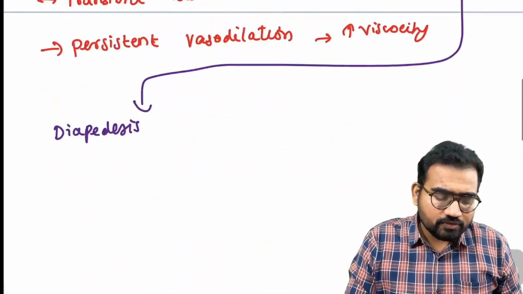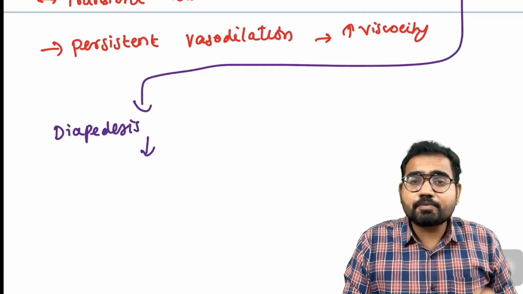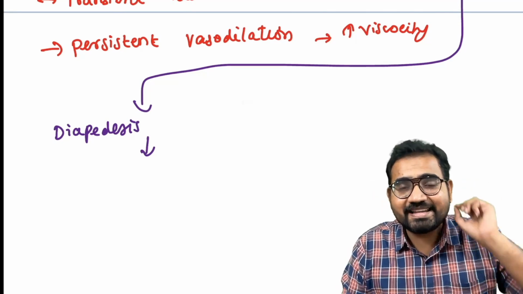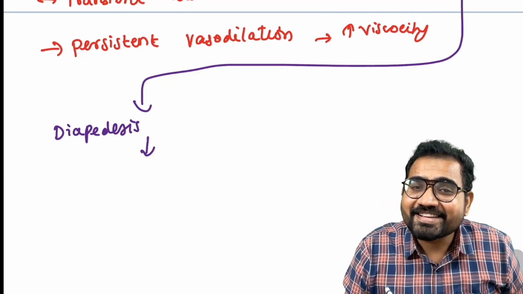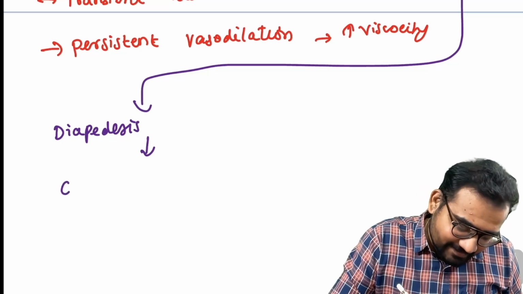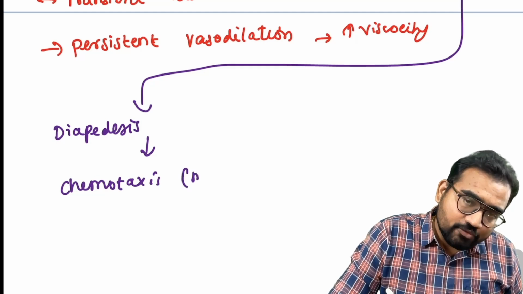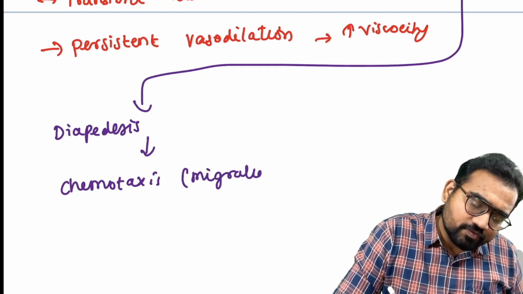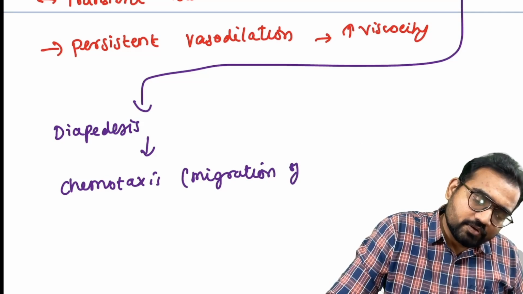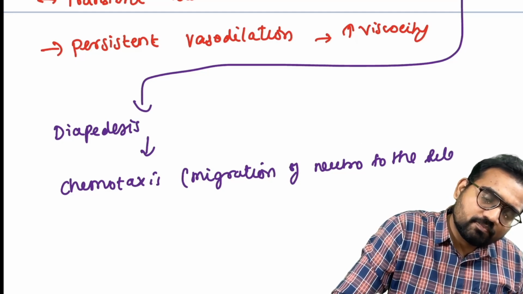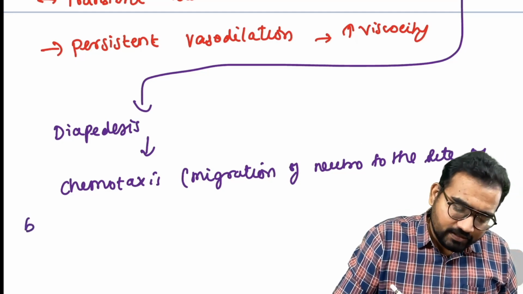Now the process of migration of neutrophils to the site of bacteria is called chemotaxis.